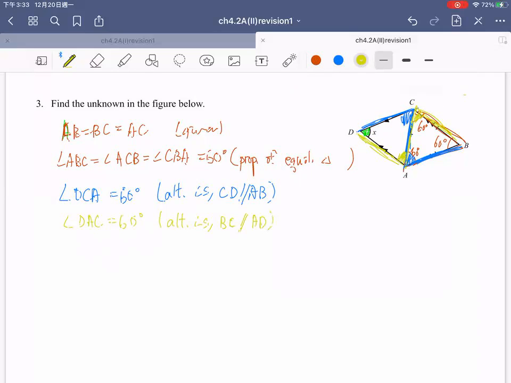So now we have altogether x plus 60 plus 60 plus these two also 60 is 180 degrees. Reason: angle sum of triangle. So x gives you 180 minus 60 minus 60, that is 60 degrees. Okay.